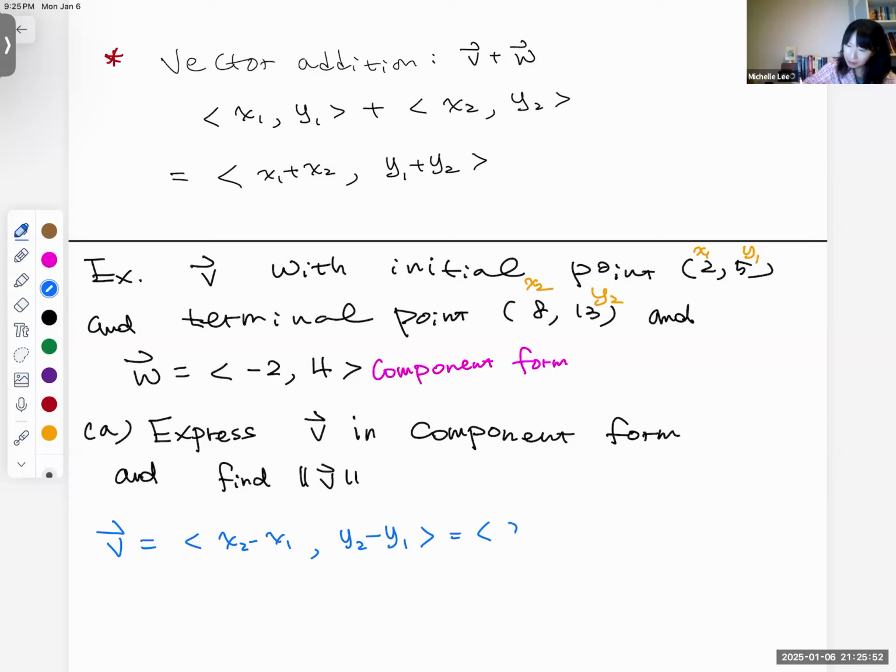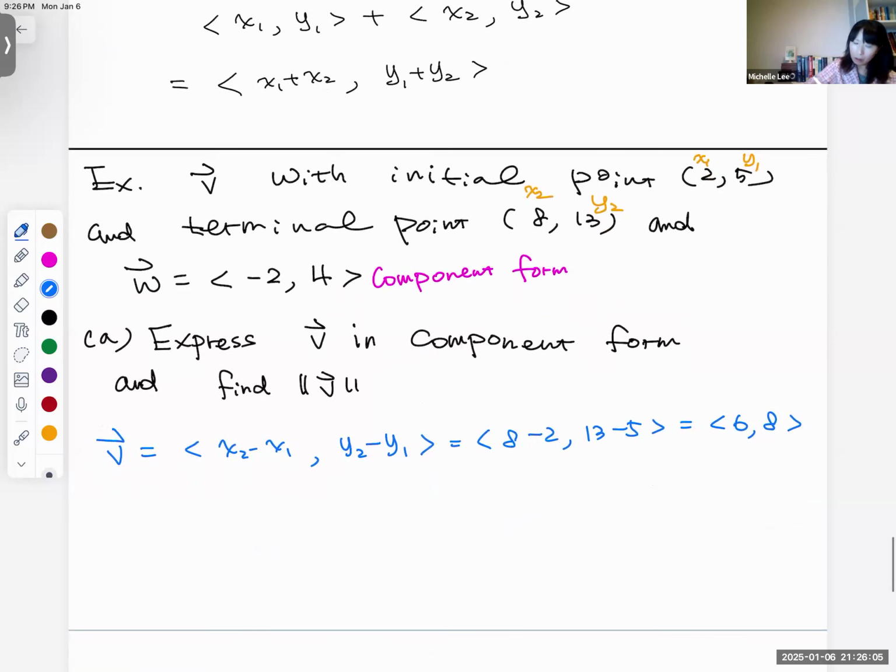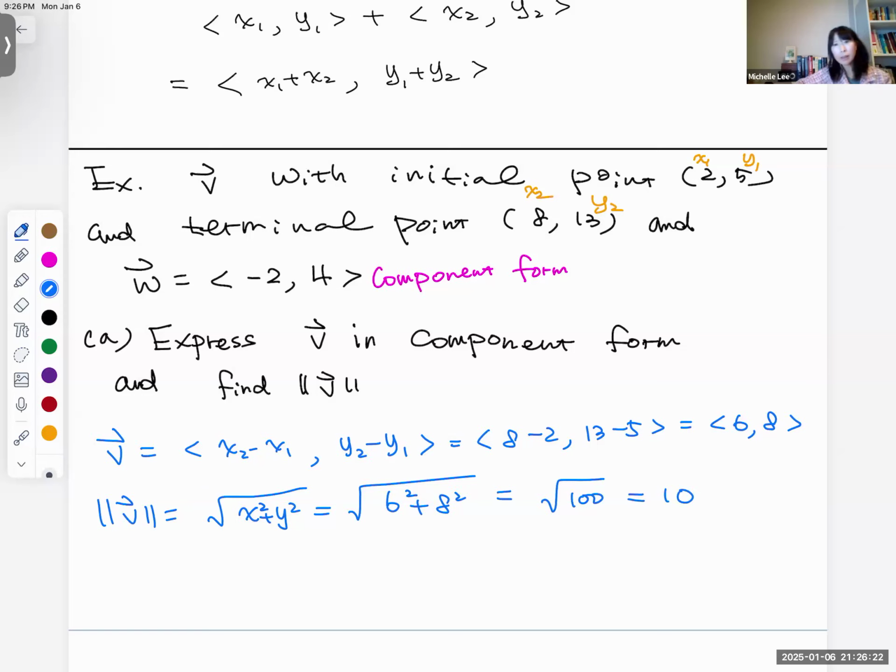So 8 minus 2, which is 6, and 13 minus 5, which is 8. The magnitude is the square root of x squared plus y squared, which is 6 squared plus 8 squared, the square root of 100, equal to 10, right? Is it correct? You should check it, right?